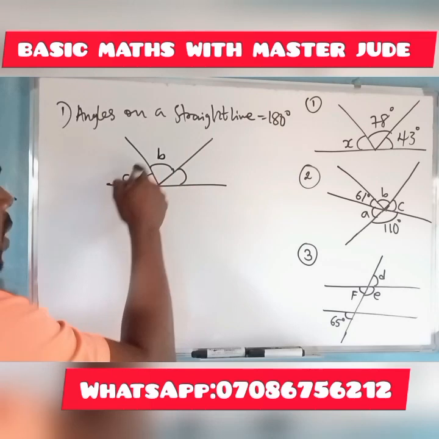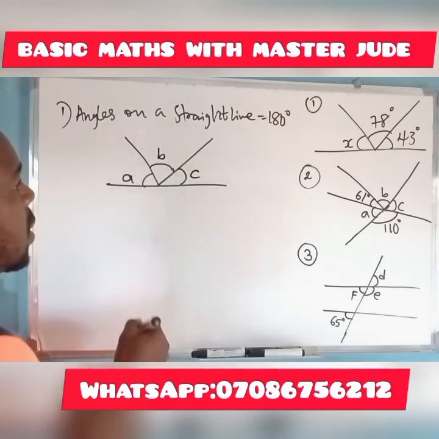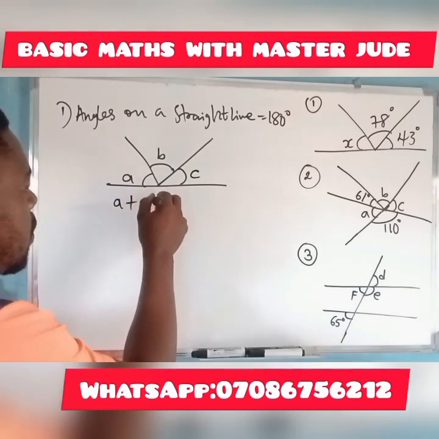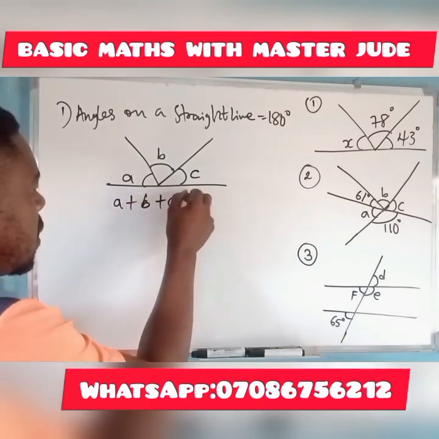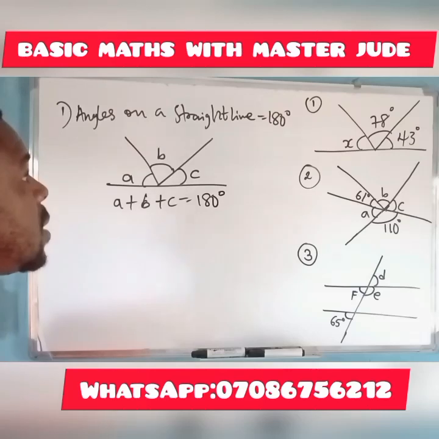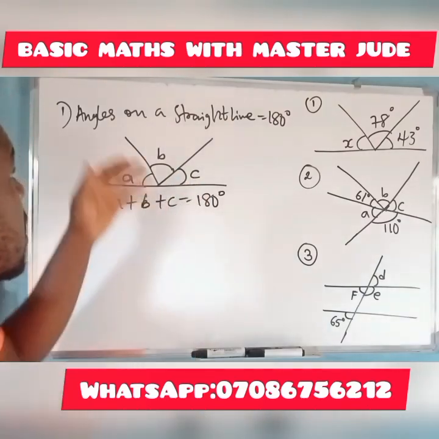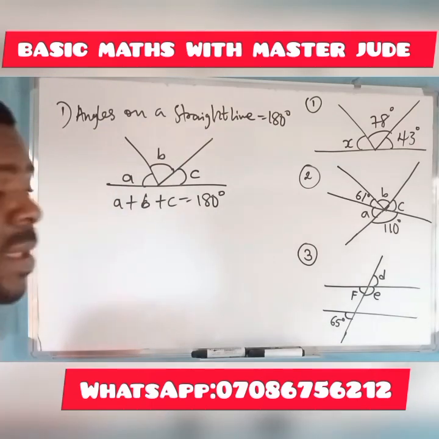This is angle A, angle B, angle C. Now what they're saying is that A plus B plus C is equal to 180 degrees. This is one of the first properties we'll be taking: that angles on a straight line is 180 degrees.